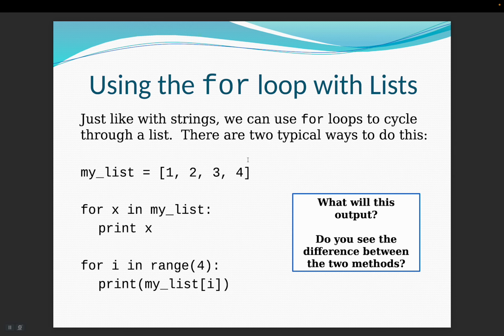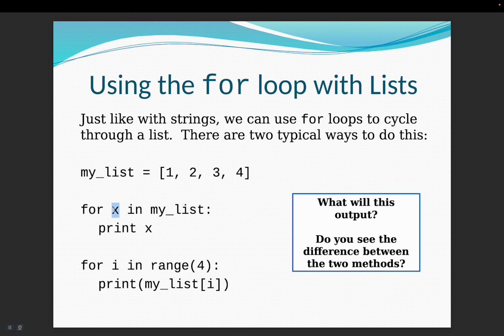So we have to find a way to look through every single student in the list, right? We need to use a for loop to go through a list. So we have our list 1, 2, 3, 4, and this is how we do a for loop. It's very simple. We use the keyword for.